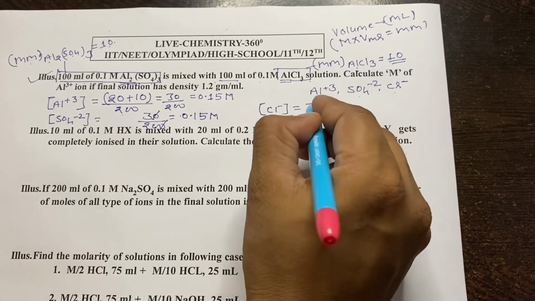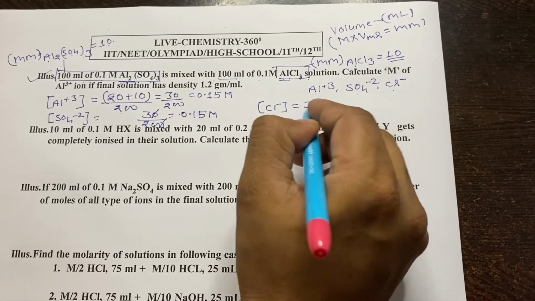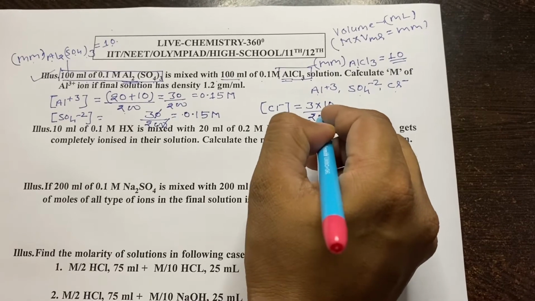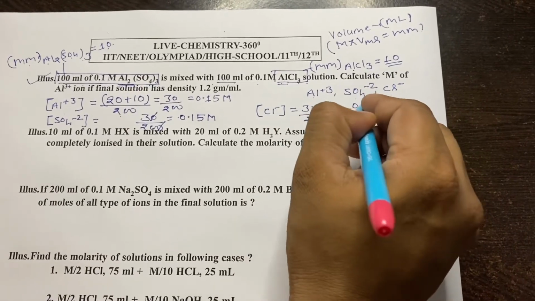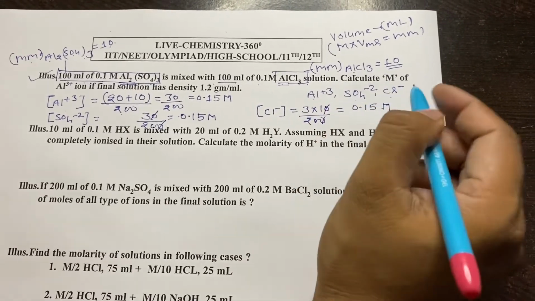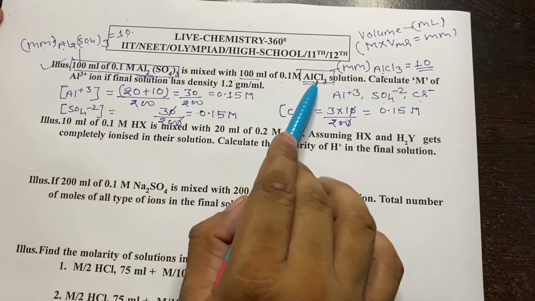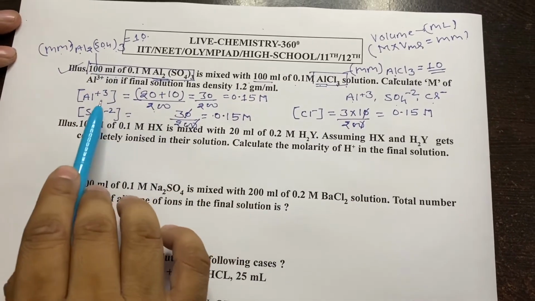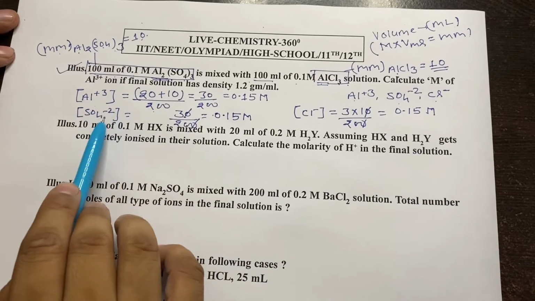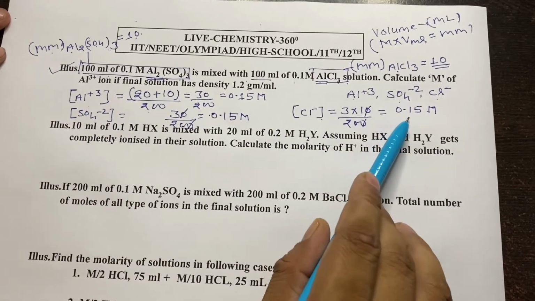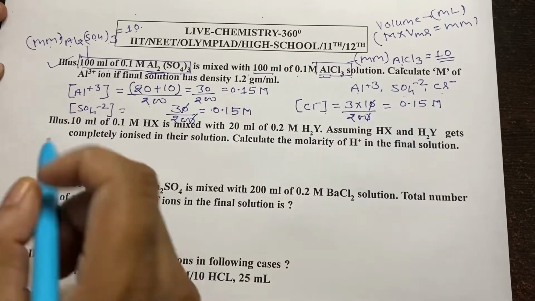So the millimoles will be 3 into 10 divided by 200. Again, this will give 0.15 M. So on mixing of Al2(SO4)3 and AlCl3, the concentrations of Al+3, SO4-2 and Cl- ions are 0.15 M each.